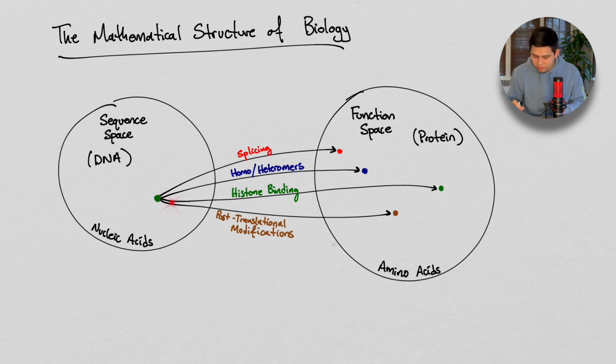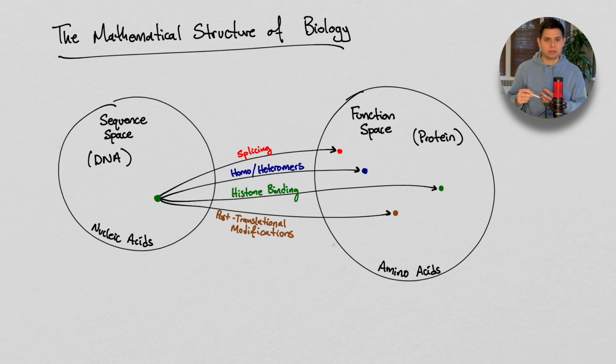So given 2 points in sequence space, you can actually take that sequence, copy it, or slightly modify it a little bit, and take that copied version and then attach it to the other one, right? And that gives the resulting protein some sort of functionality as well.